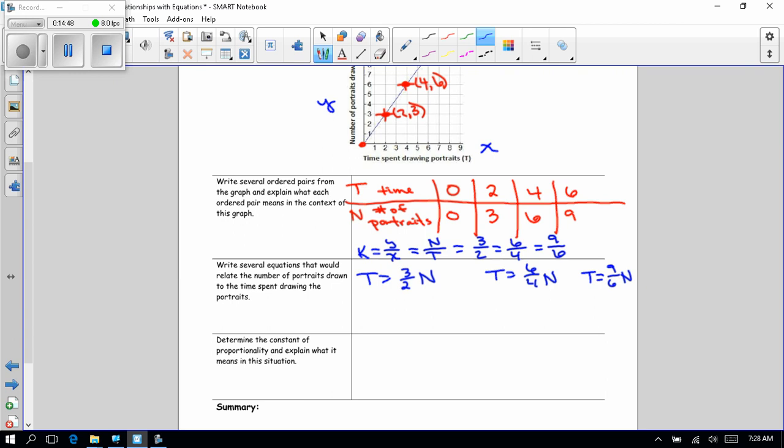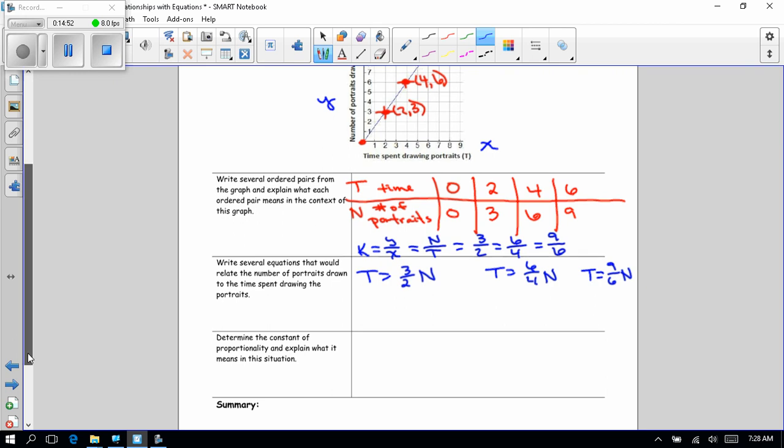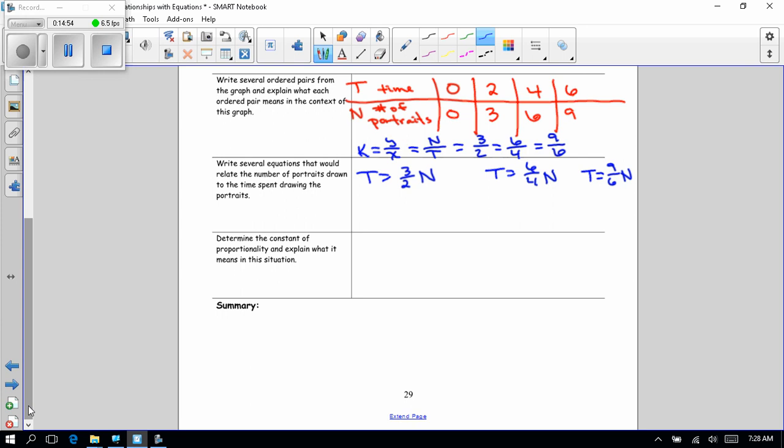Last thing, determine the constant of proportionality and explain what it means in this situation. All right, what is the constant of proportionality? Well, we said it was 3 over 2. What does it mean? This means that she can make 3 portraits in 2 hours, right?